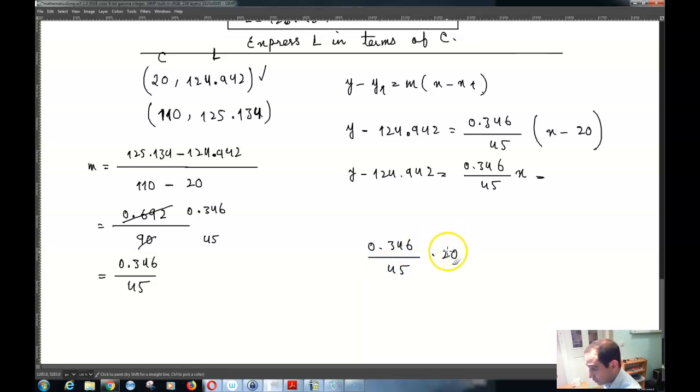Divide by 5 is equal to 4, and divide by 5 is equal to 9.